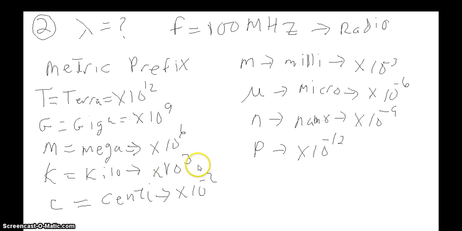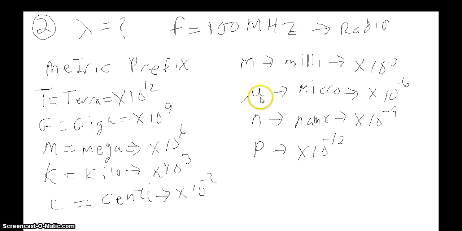For example, if you see a kilometer and you want to change it to meters, you just replace the K by times 10 to the 3rd. Lowercase c, centi, means times 10 to the minus 2. Lowercase m, milli, means times 10 to the minus 3rd.